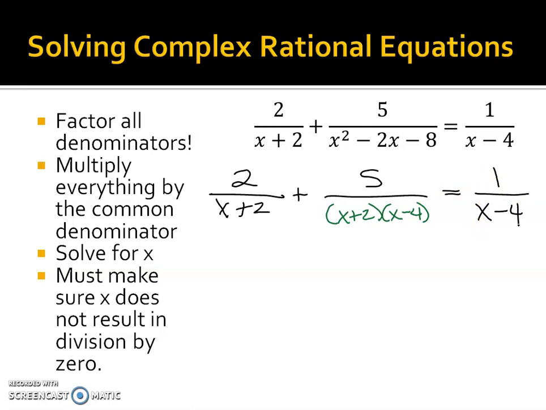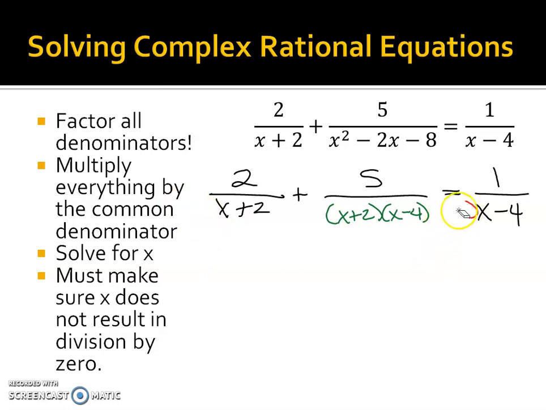Okay, so now I am ready to multiply by my common denominator. So if I was going to be adding this fraction and that fraction and that fraction together, what would their denominator have to be? Well, remember, their denominators would all have to be the same. So that means that this one over here would need that x minus 4, and this one over here would need that x plus 2.